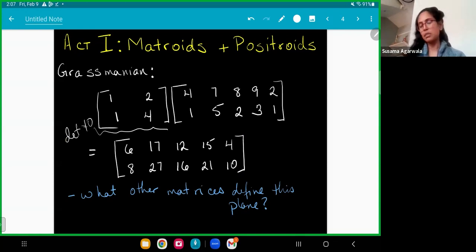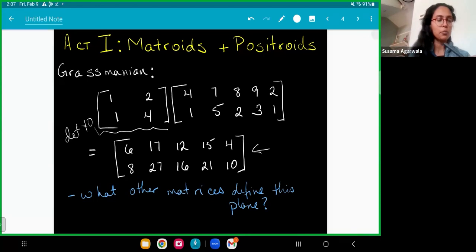Take any 2x2 matrix with a non-zero determinant and do a left multiplication, and I'll get another matrix. This will define the same plane, so that's another matrix that's represented by the same 2-plane in R^N.